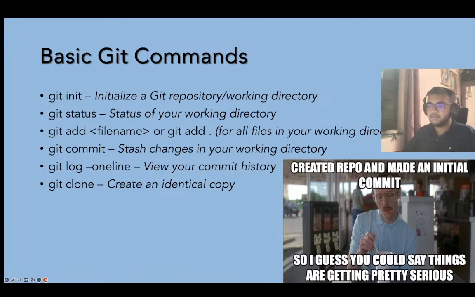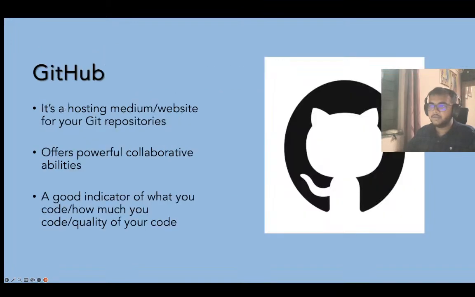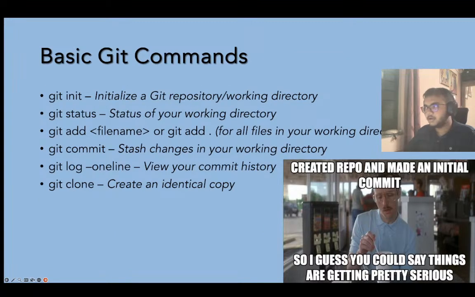And then git clone. Git clone is basically used when you want to clone a repository that's already there. If you find a repository that you want to download on your computer, on your PC, you just take the link of that repo, the URL, and write git clone and then a space and the repository link.